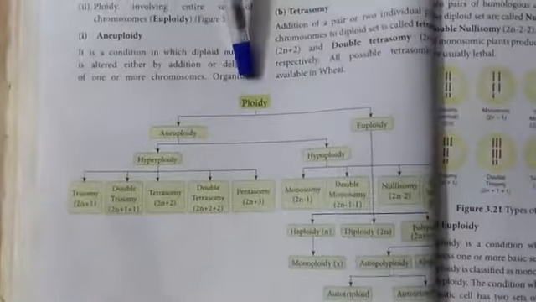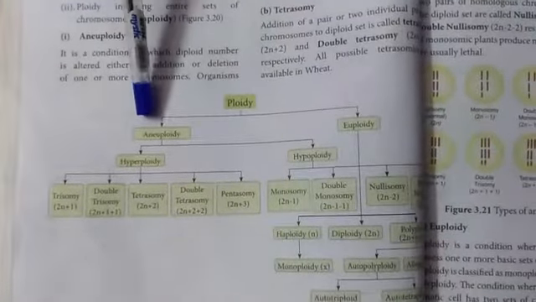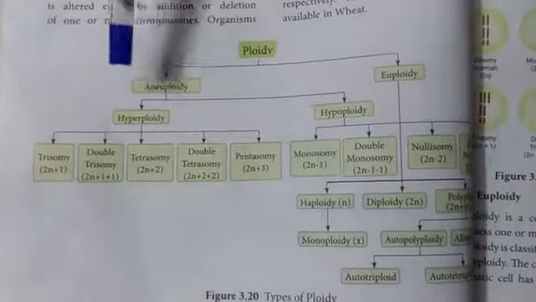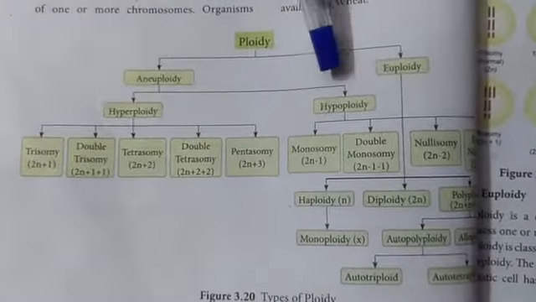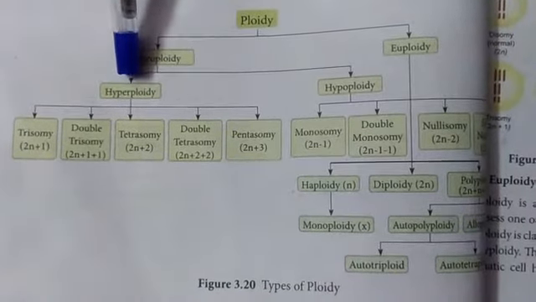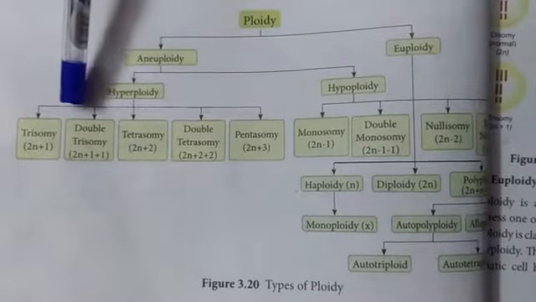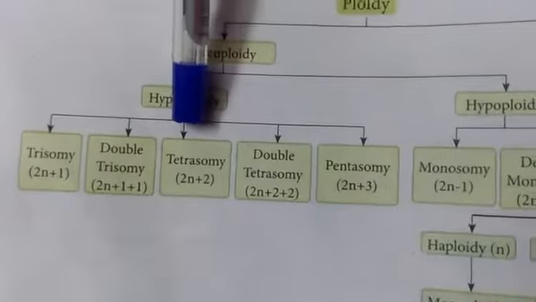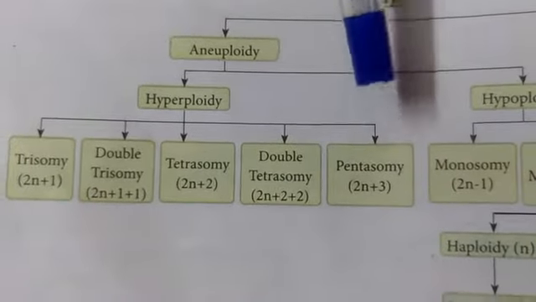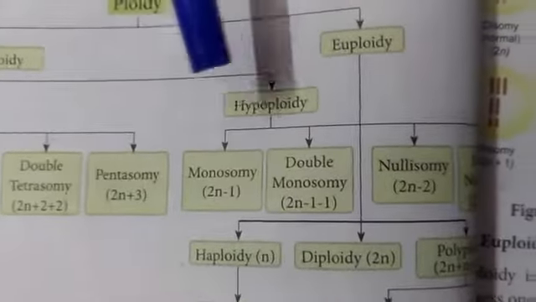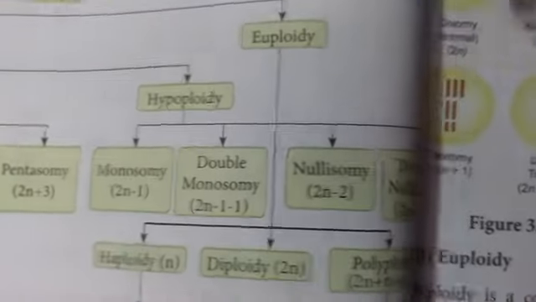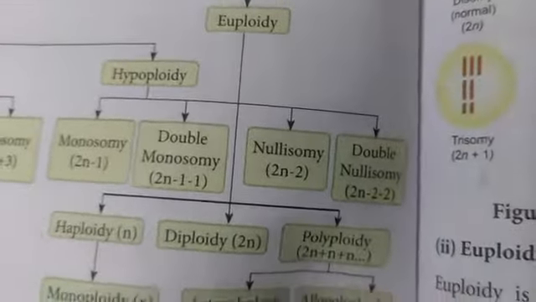Ploidy is differentiated into two types: aneuploidy and euploidy. Aneuploidy is again divided into hyperploidy and hypoploidy. Hyperploidy is divided into different types: trisomy, double trisomy, tetrasomy, double tetrasomy, and pentasomy. Hypoploidy is differentiated into monosomy, double monosomy, nullisomy, and double nullisomy.